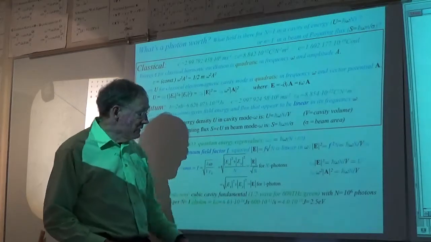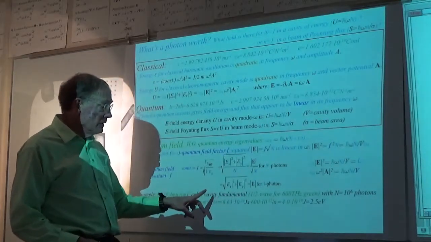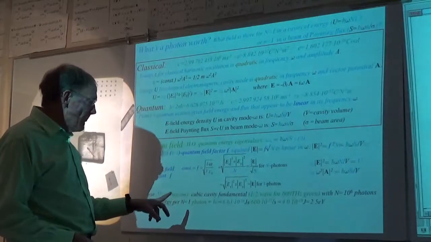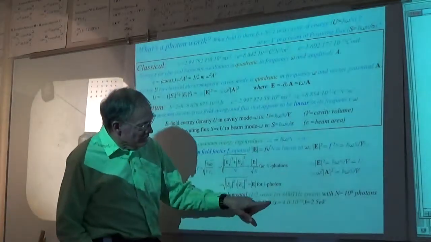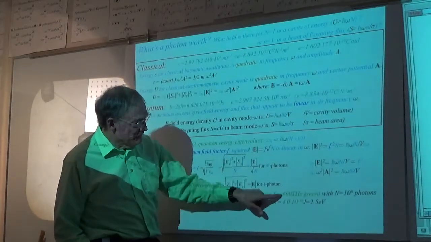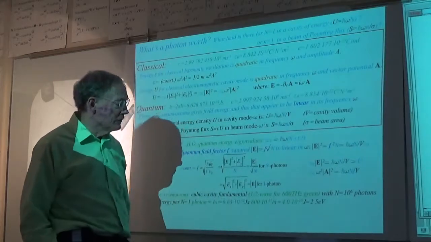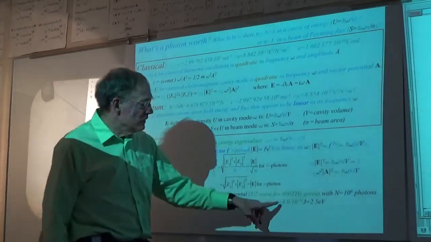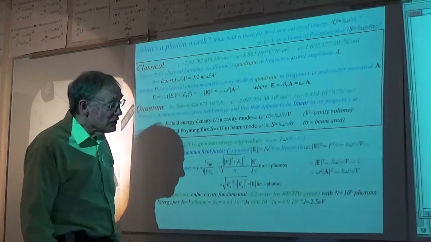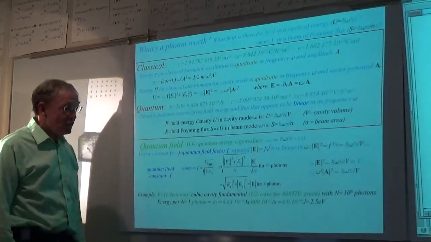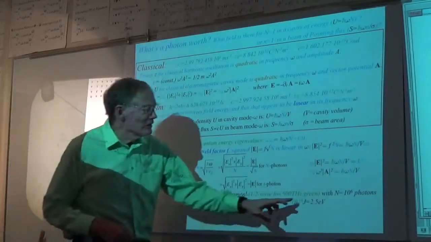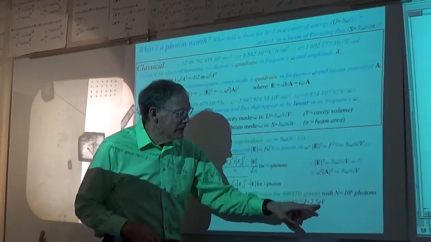Yes, 600 terahertz is green light. That comes out to about 2 1/2 electron volts. So one photon has 2 1/2 electron volts.